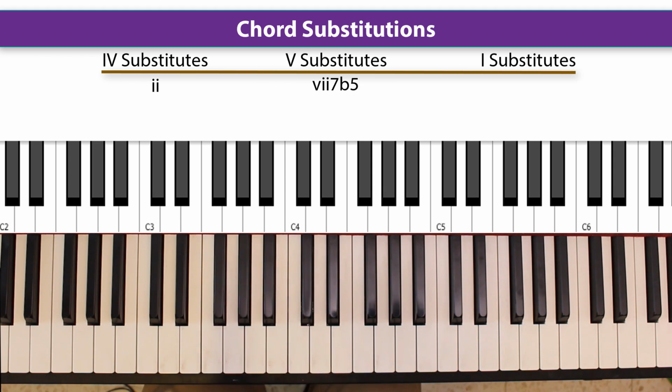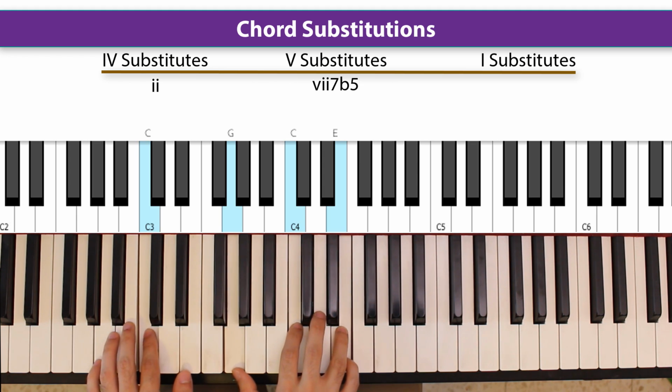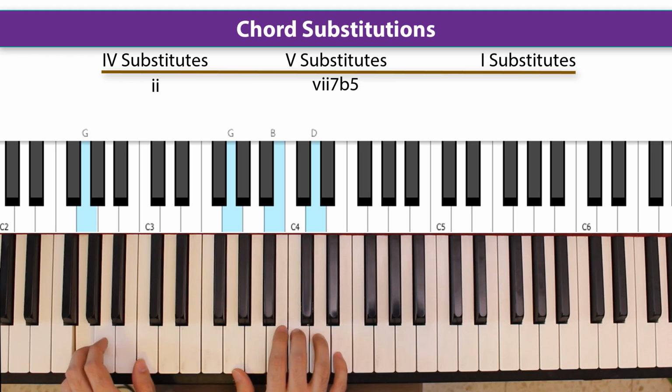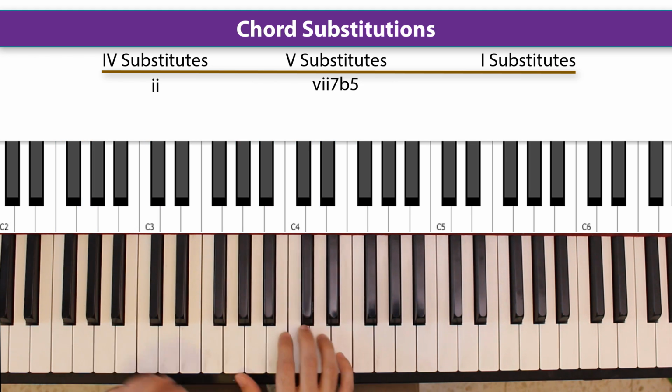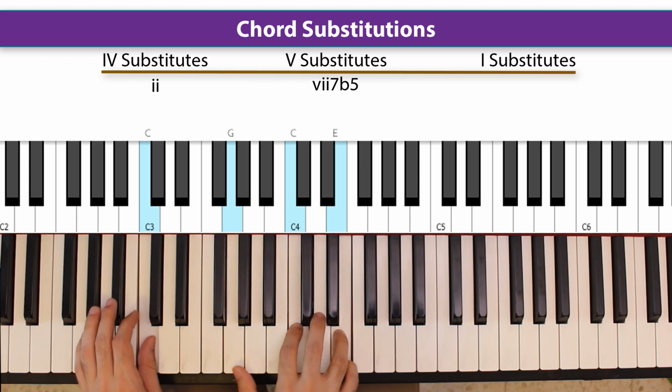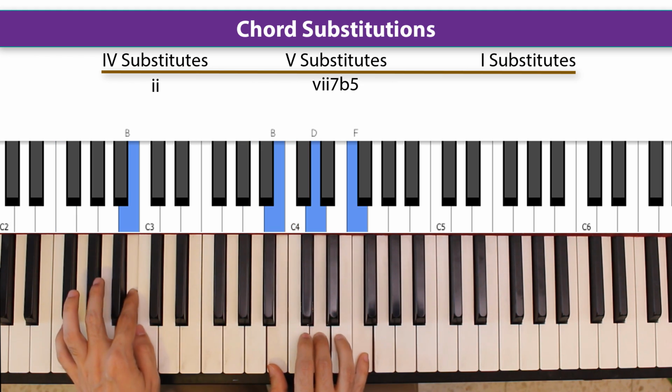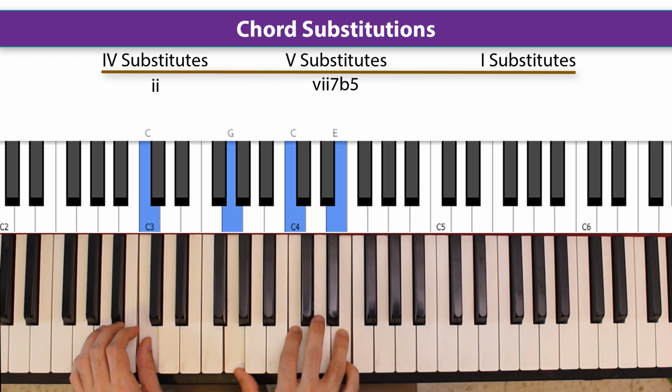Now, this isn't a strong substitution. You don't use it as much, because let me just play you a progression. Let's say that you're playing a 1 to the 4 to the 5 to the 1. Now, using substitutions, I could play instead a 1 to the 4 to the 7 half diminished to the 1.